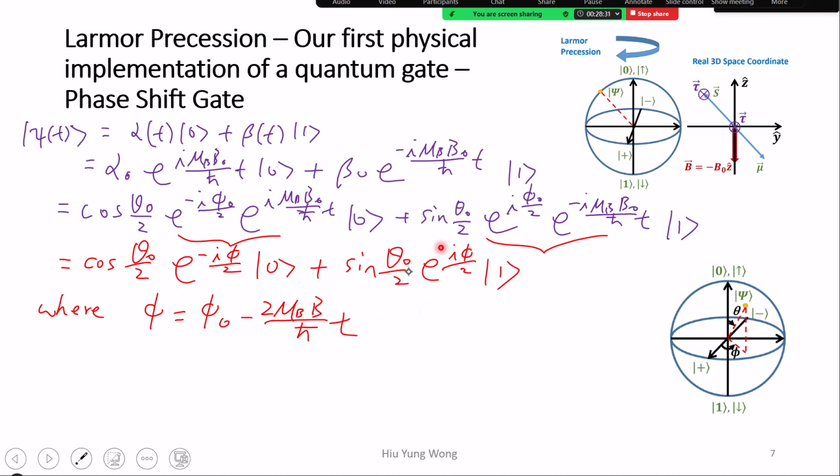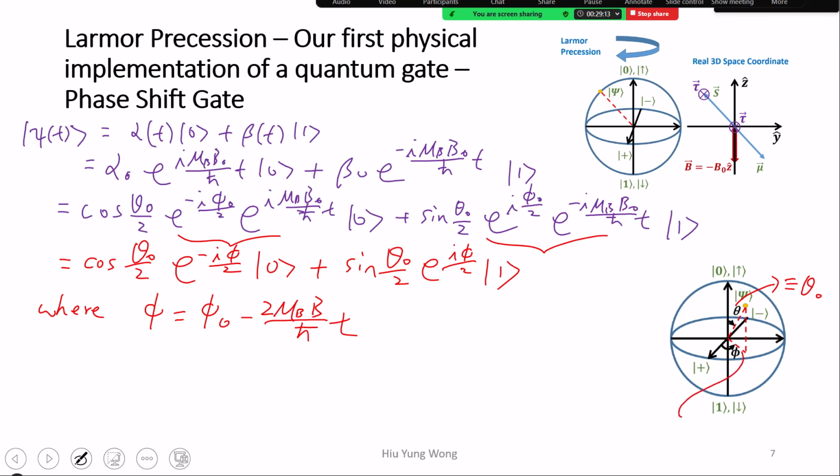But look at this. What is the meaning of this? This is again a state, right? And it is in the form that I can understand. It means it has a polar angle of theta 0. And it also has an azimuthal angle of phi. However, this phi is a variable dependent on t. So basically what it's trying to say is, you have this initial state phi 0. Then after you put in this magnetic field, your phi 0 doesn't change.